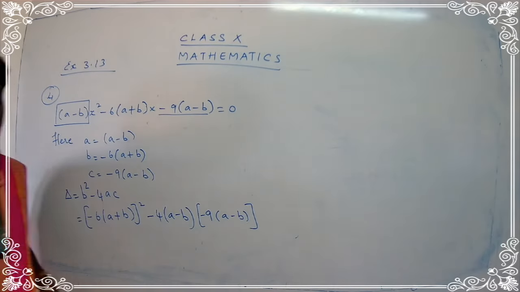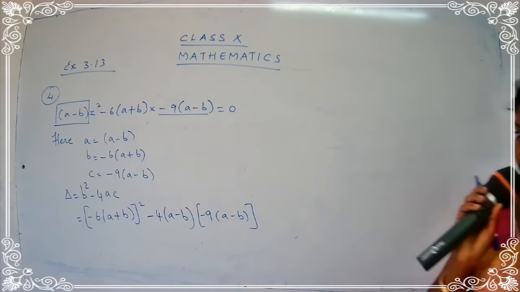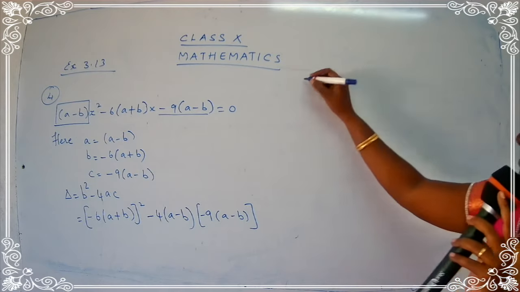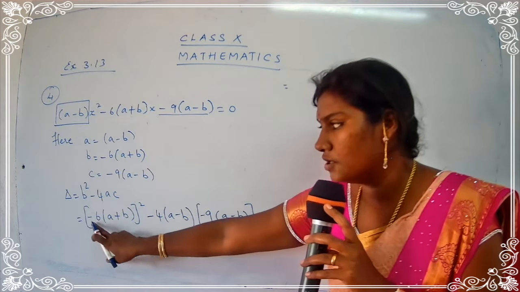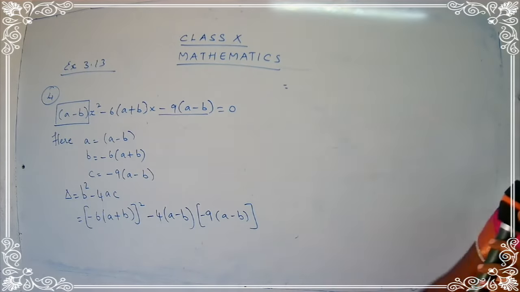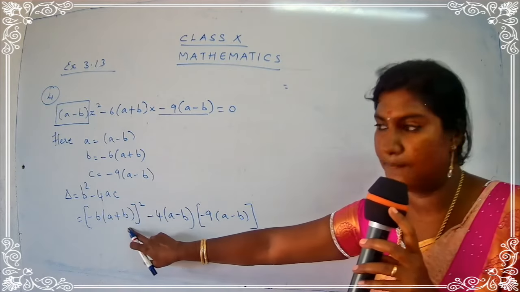Put your pens down and just listen to the explanation carefully, children, because you may have confusions over here. I'll give you time to write down the answer. So this is equal to, see, for the first part, it's b square. So we have minus 6 a plus b the whole square. So this square is for 6 and also for a plus b.